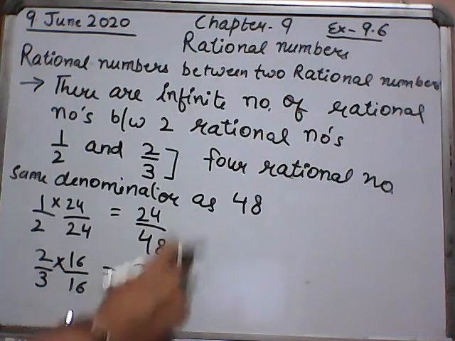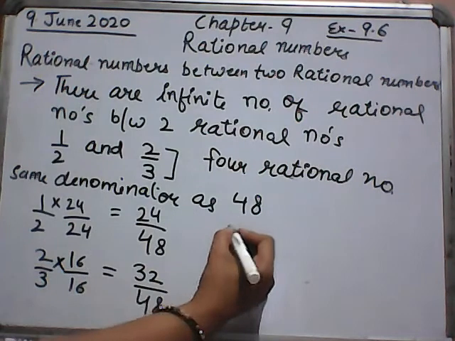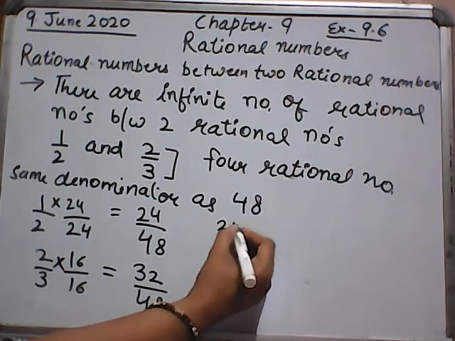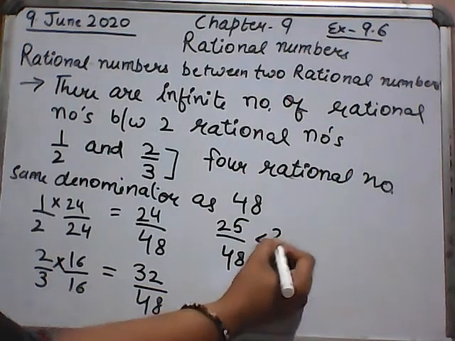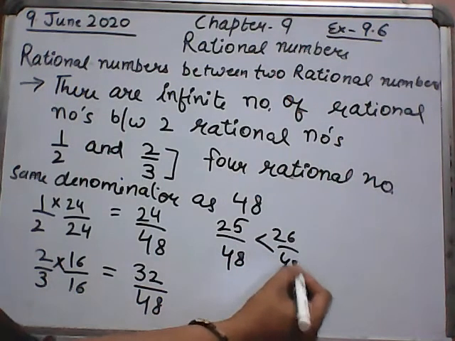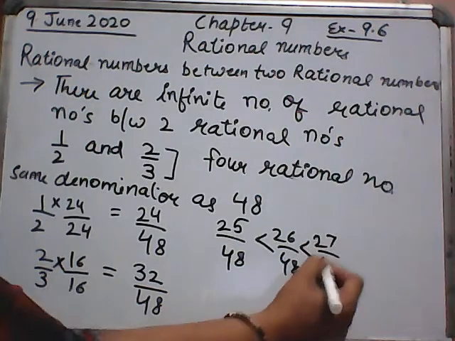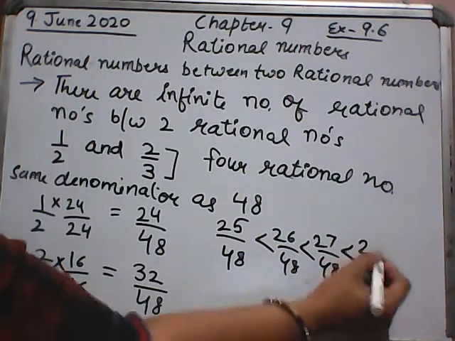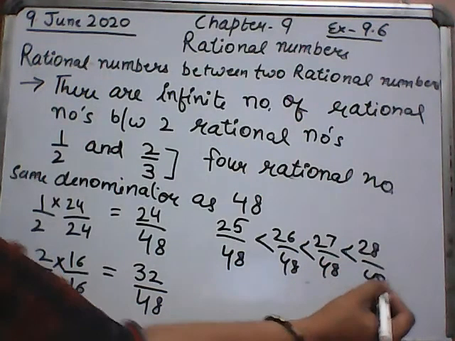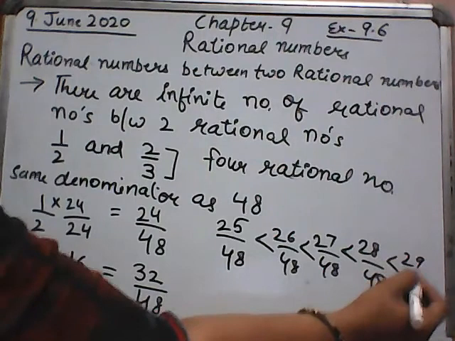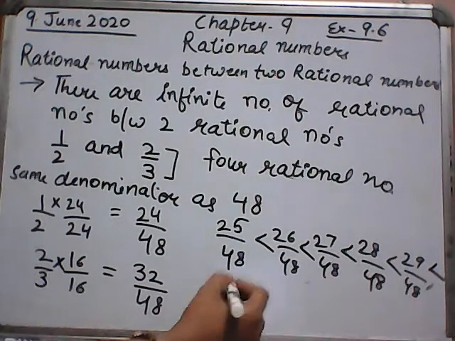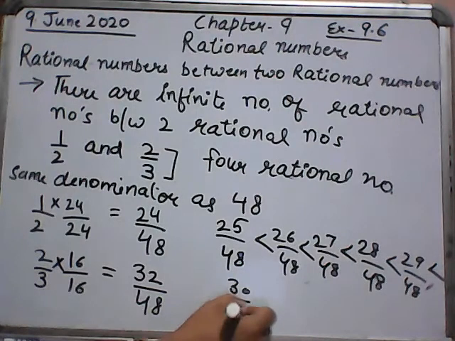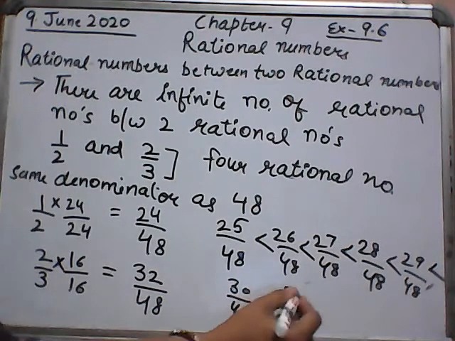We can insert many rational numbers between these two rational numbers. In between are 25 by 48, 26 by 48, 27 by 48, 28 by 48, 29 by 48, 30 by 48, and 31 by 48.